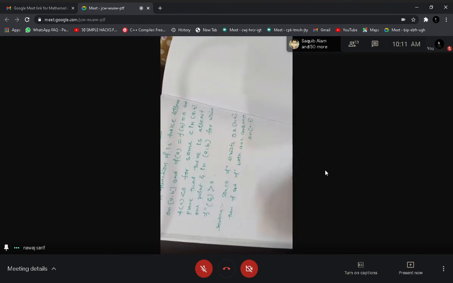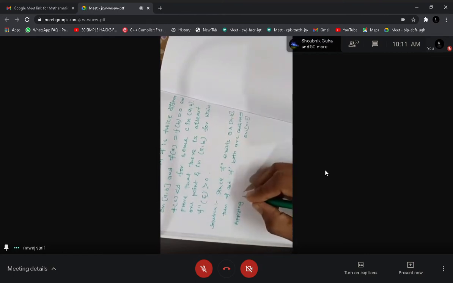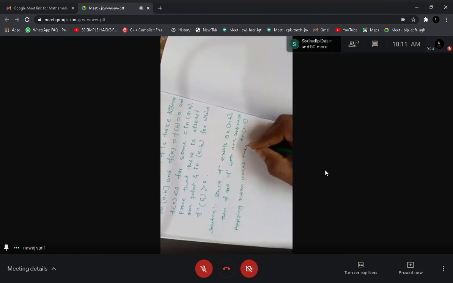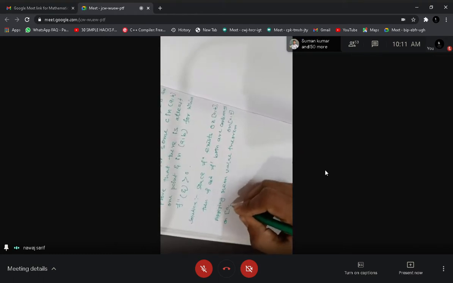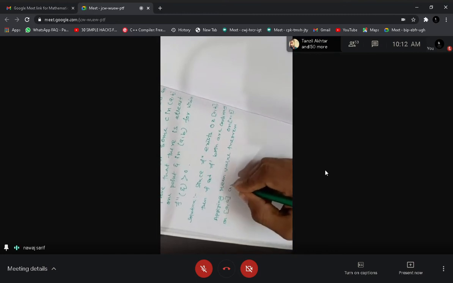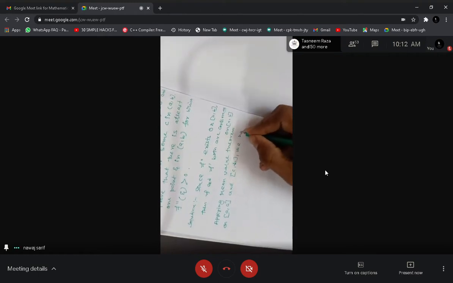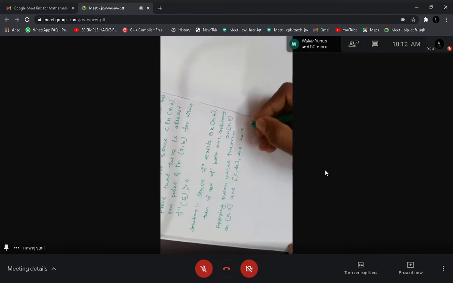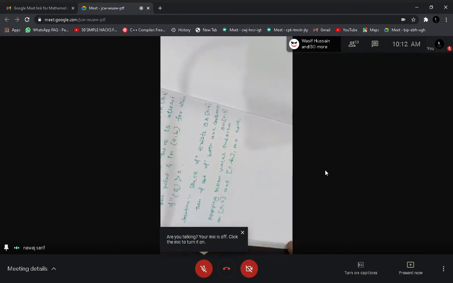Okay, we can say that applying Lagrange's mean value theorem on [a,c] and [c,b], we have... if we apply Lagrange's mean value theorem in the interval [a,c], then what will be the equation?